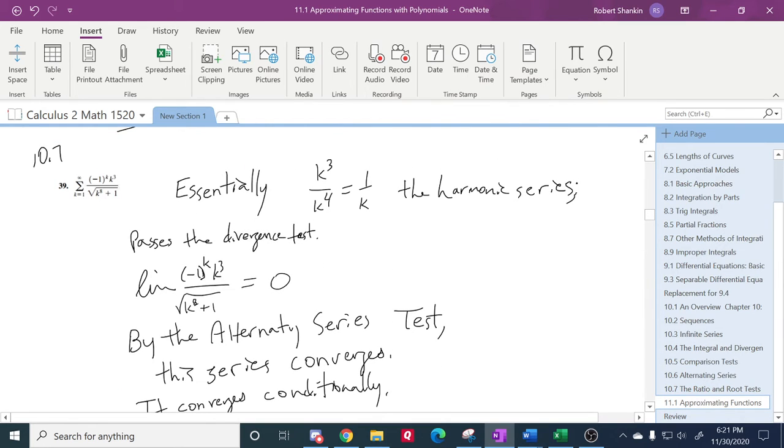I saw when we use the alternating series test, yes, we have to get both. One is the absolute value and the other is the original value. If both converge, then the series will converge absolutely. We have to use the absolute value.